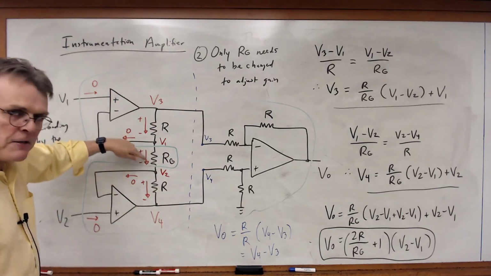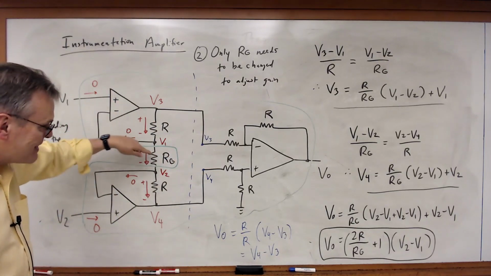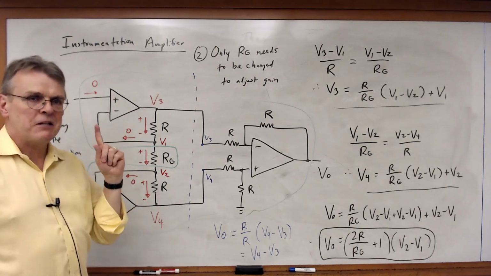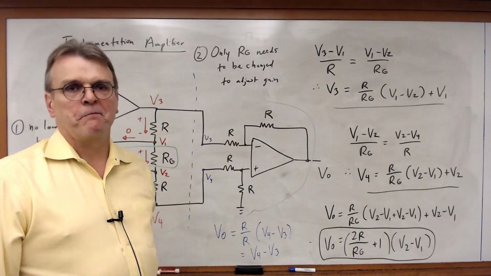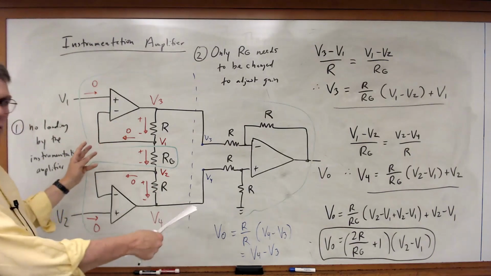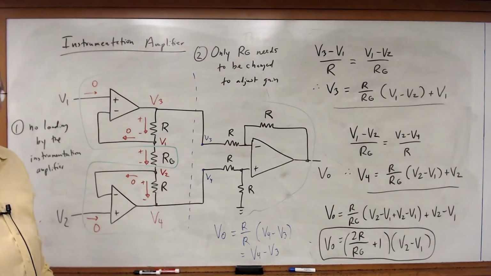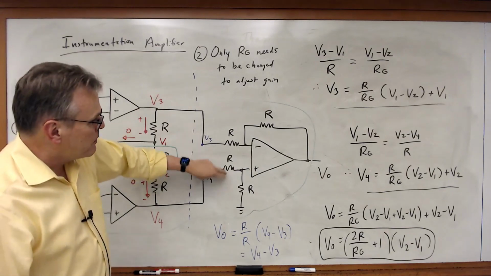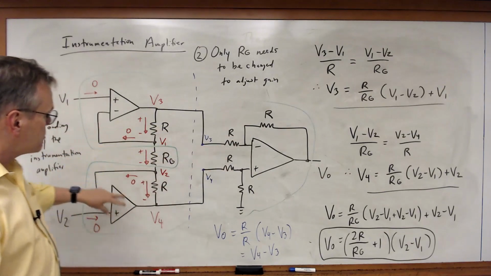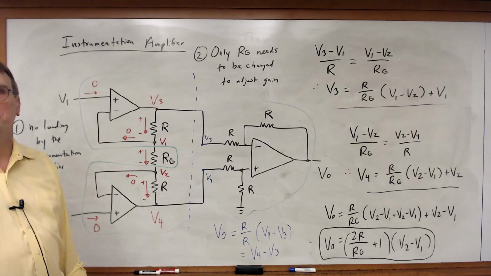You'll have two pins sticking out of the package where you can connect a resistor, RG, and that single resistor sets your gain. So this is very typical if you want to adjust the gain, this kind of bundling all of the elements together, because you can manufacture them and you can ensure that all of these resistor values are very closely matched to each other.